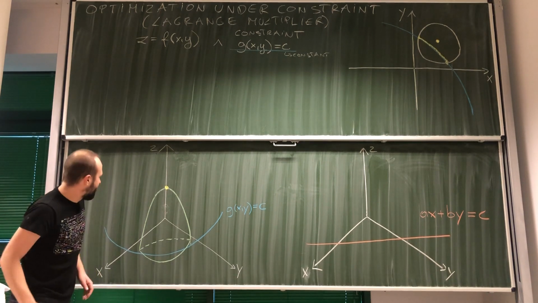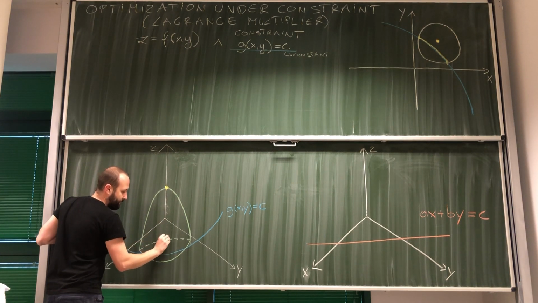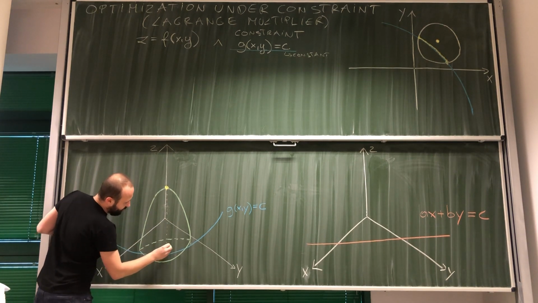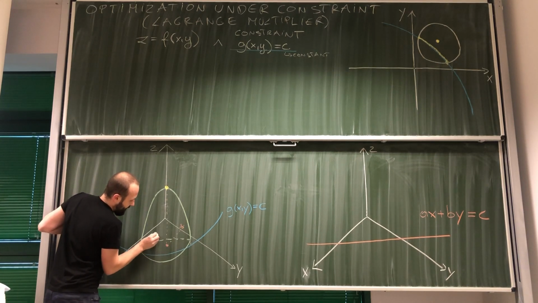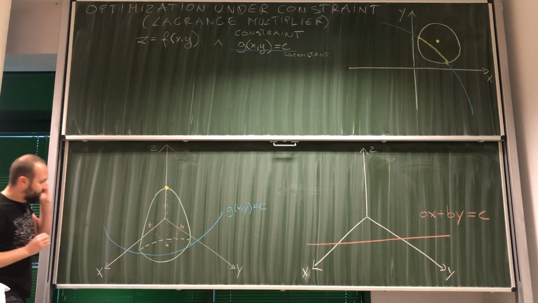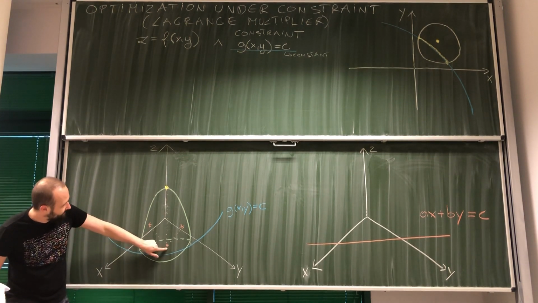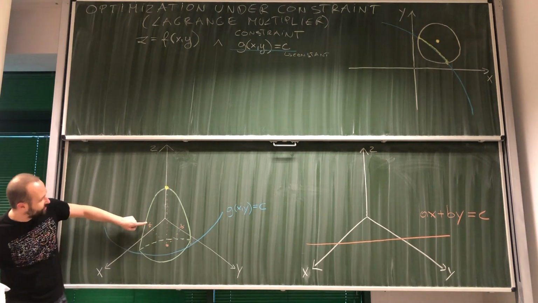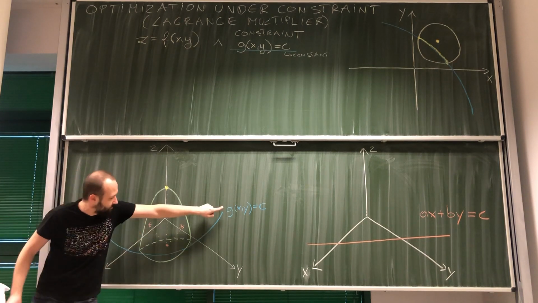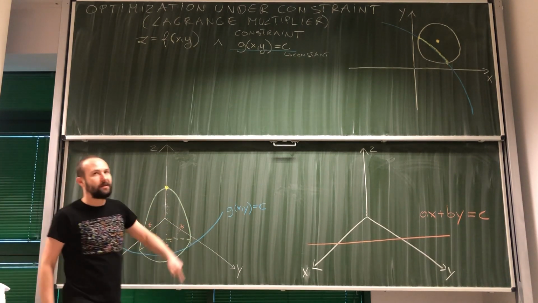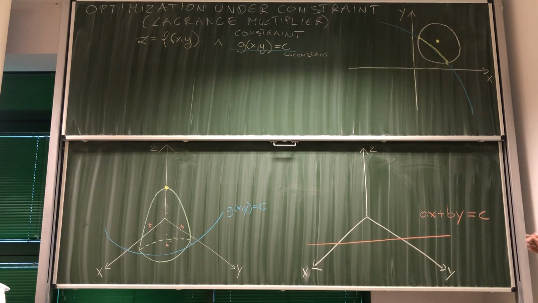If I were to draw a line going from this point, I would get some coordinate, let's just say y0 and x0. And the problem is that the coordinates of this point, this x0 and this y0, are not on this line. So again, we see that we cannot have this point as our maximum.